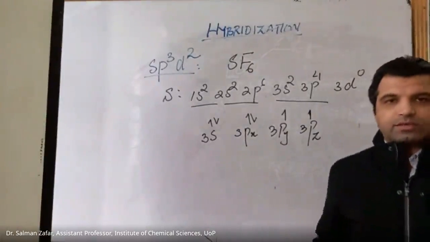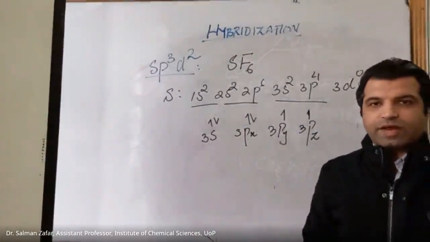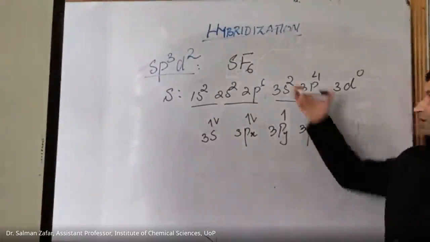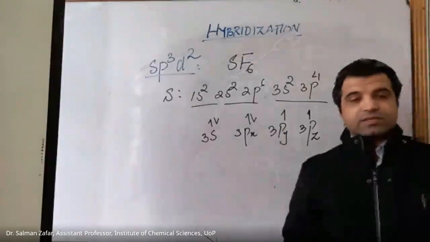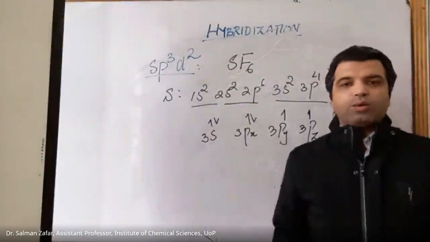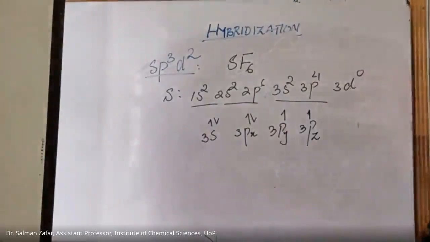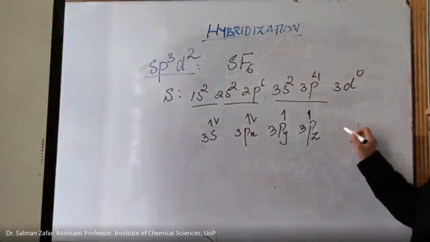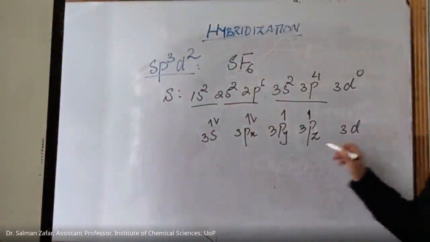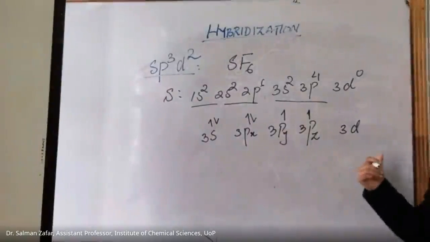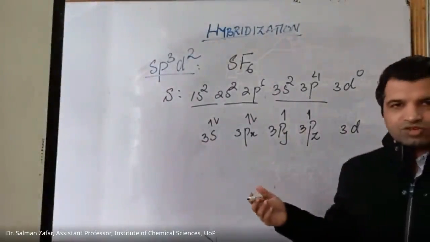And for that matter, you would expect this sulfur atom to form 2 bonds. In fact, in the case of SF6, it is forming 6 bonds. How would it form 6 bonds? That is by the promotion of electrons into the 3d orbitals when it gets energy.